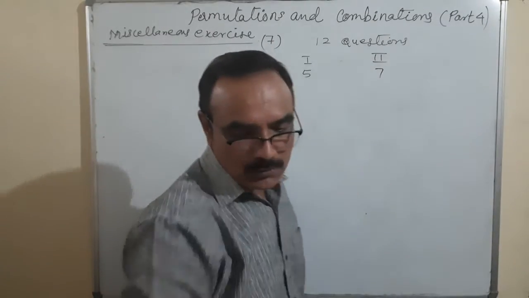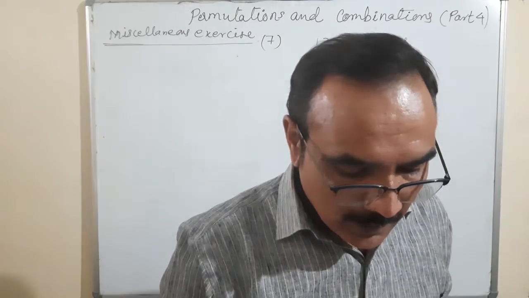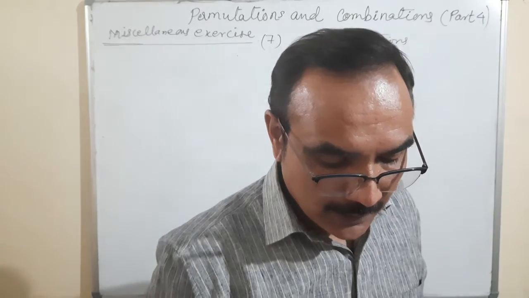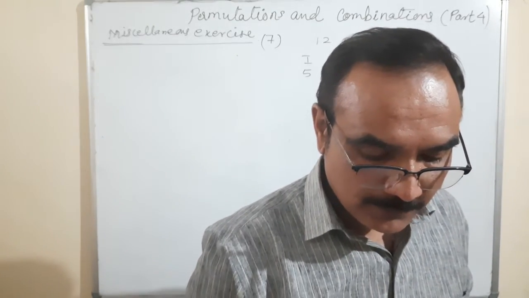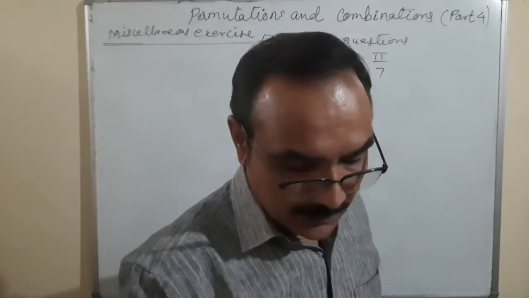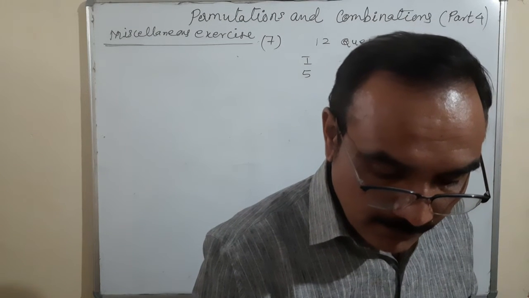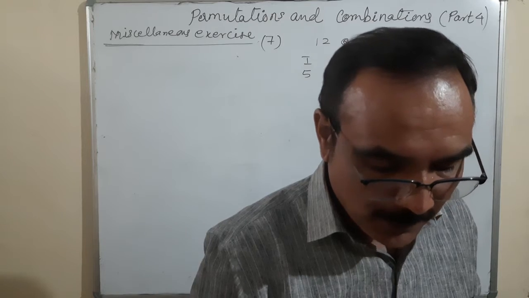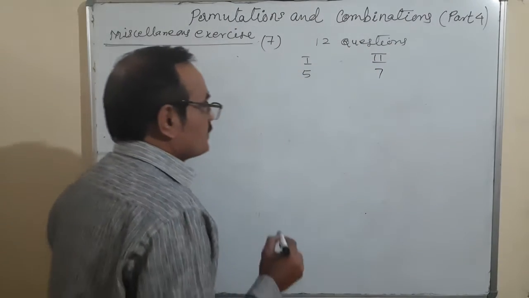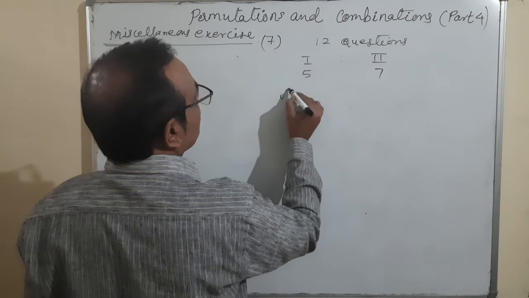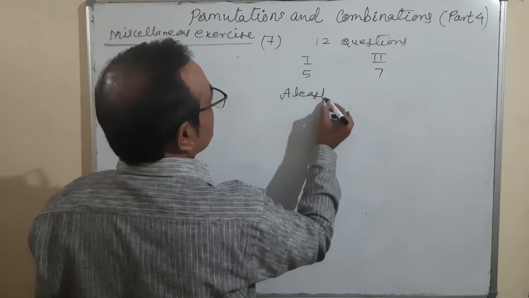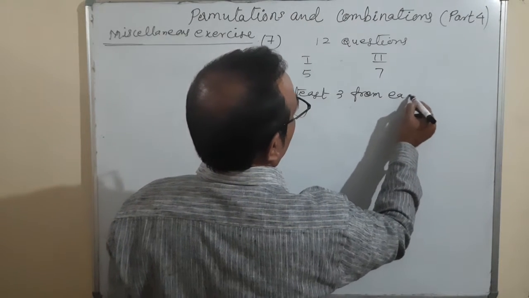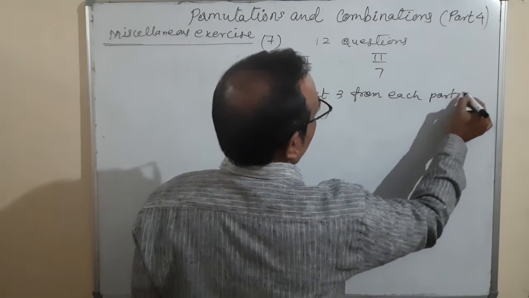Part 1, 5, part 2, 7. A student is required to attempt 8 questions in all, selecting at least 3 from each part. How many ways?